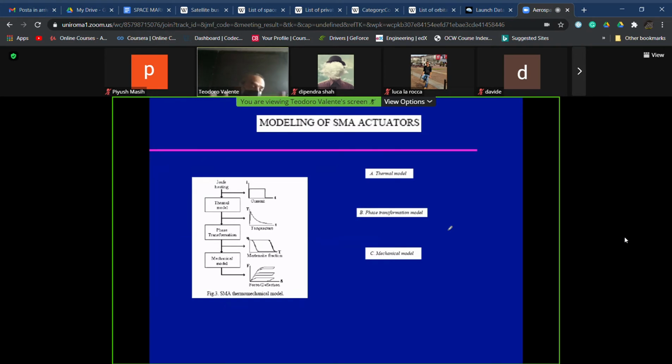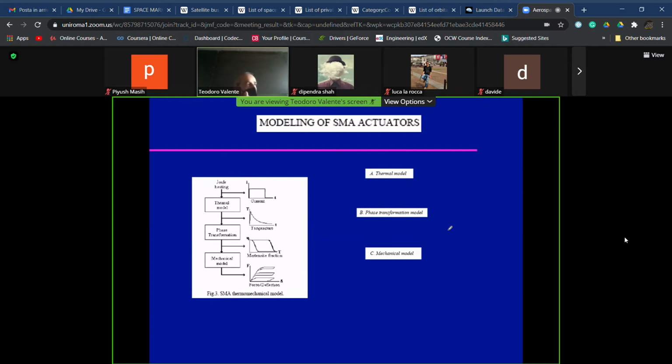First of all, we need a shape memory material. That's a fact, okay? And we define it as nitinol. Then we need the possibility to define how to modify, inside the shape memory material, the percent of austenite and the percent of martensite.